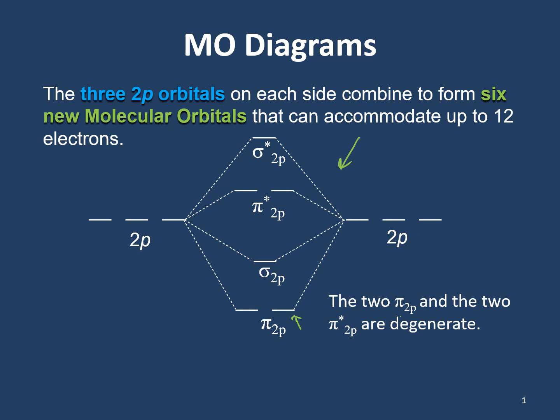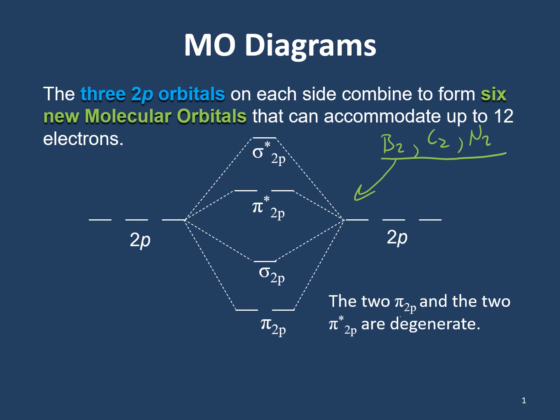Again, if you see an asterisk, you know that that's an anti-bonding orbital. This molecular orbital diagram actually only works for diatomics involving boron, carbon, and nitrogen. So this version of p orbitals overlapping or combining is for these 3 types of diatomic molecules.